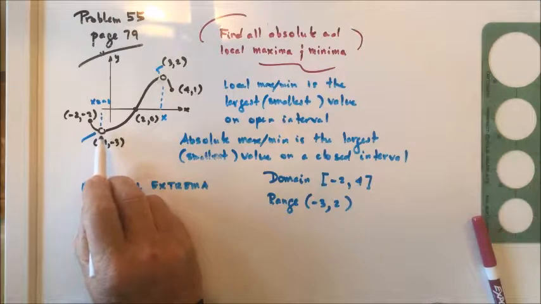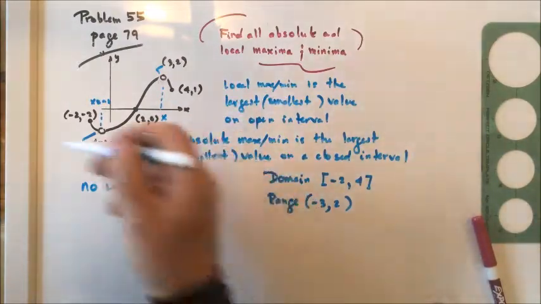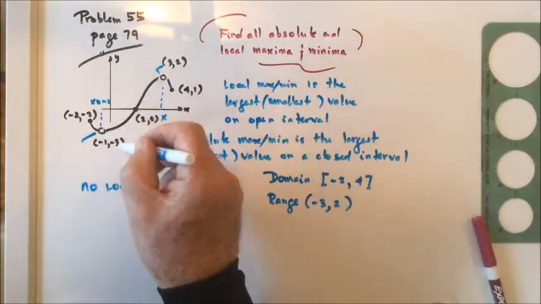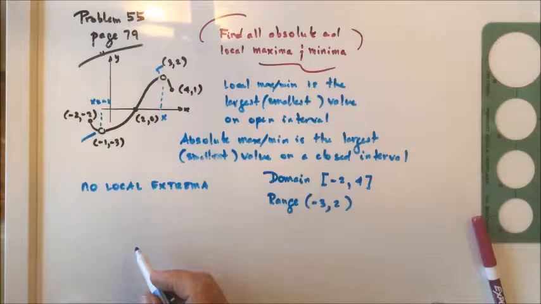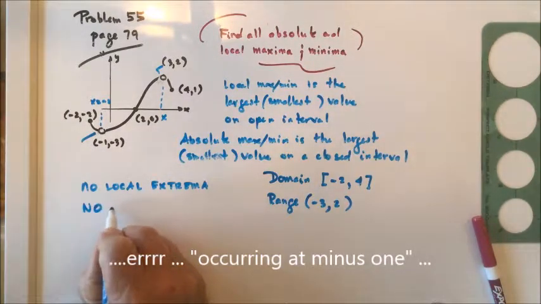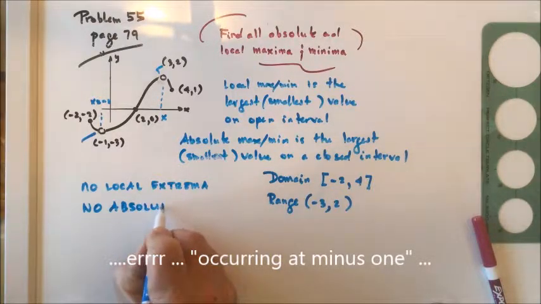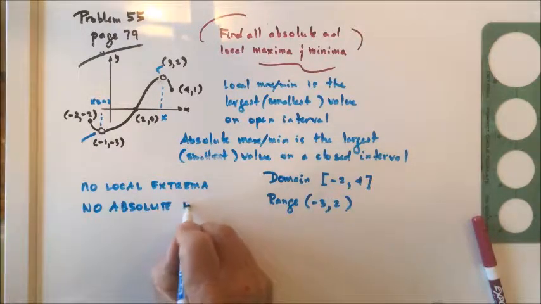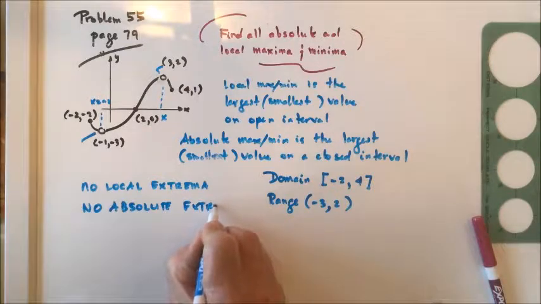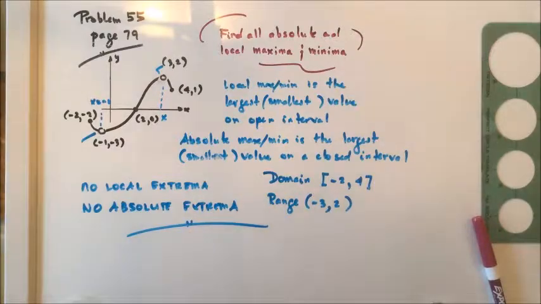And by the same argument, if indeed this point was on the curve, the absolute minimum, the smallest value on the whole domain, would be -3, occurring at x equals -2. But that's not part of the story here, so there's also no absolute extremum. And that's the answer to problem 55 here.